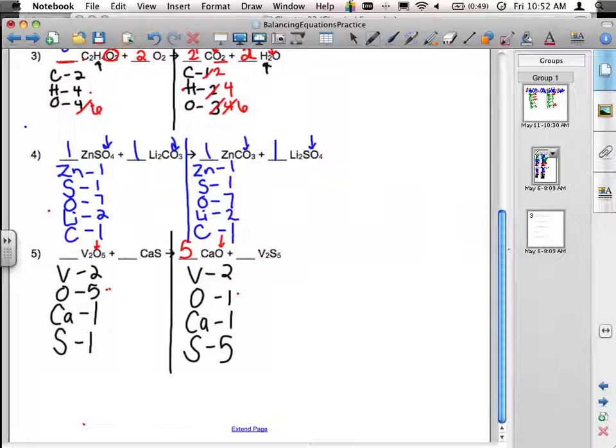So that changes the calcium to 5 and also the oxygen to 5. Okay, now that I changed the calcium, I have to come back over to the left-hand side and make it 5 as well by multiplying by 5. So that changes the calcium to 5 and the sulfur to 5. So now if you look, I am balanced. Good? Okay, backside.